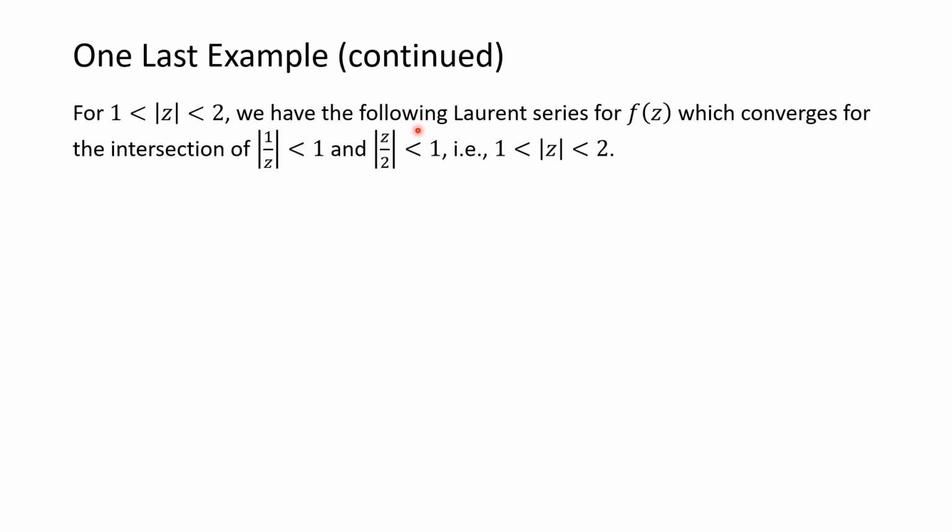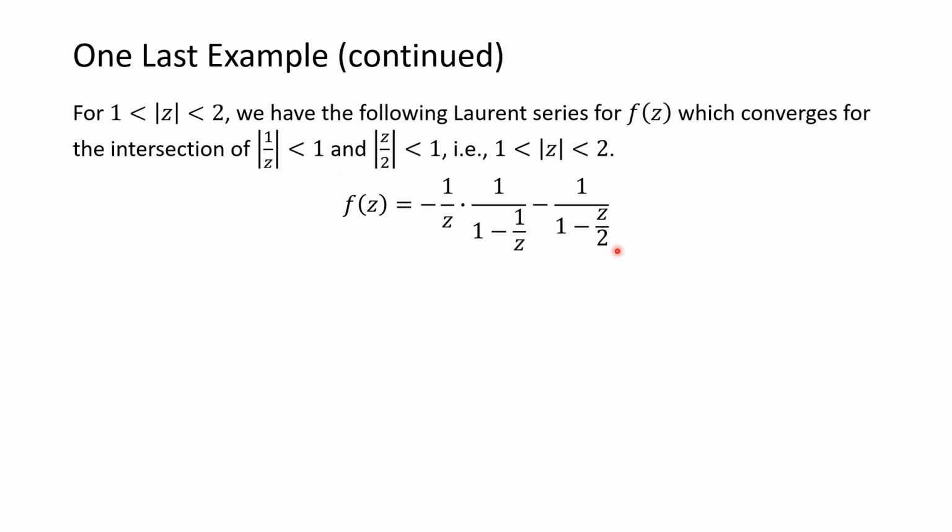Okay, now we take the same problem, but the region is different. Our modulus of z is between 1 and 2. And we have the following Laurent series, which I'll show you down here. This one converges when the modulus of 1 over z is less than 1.